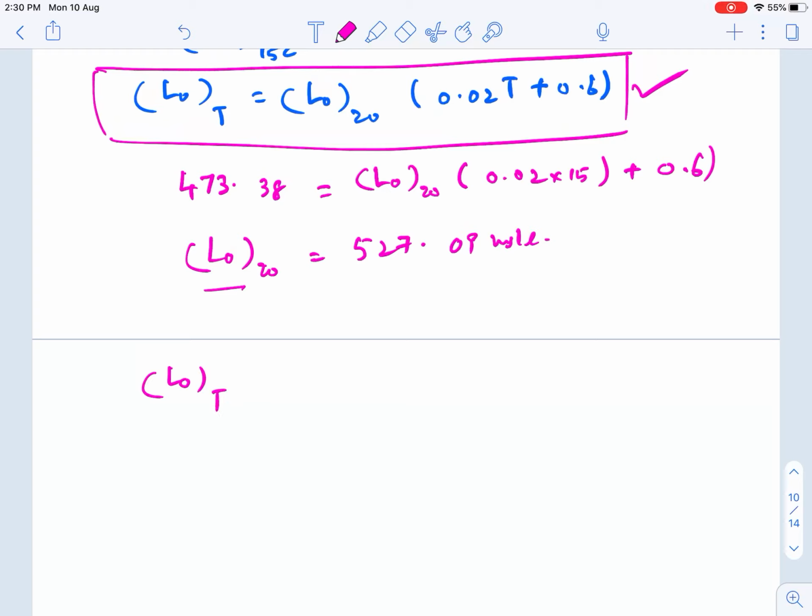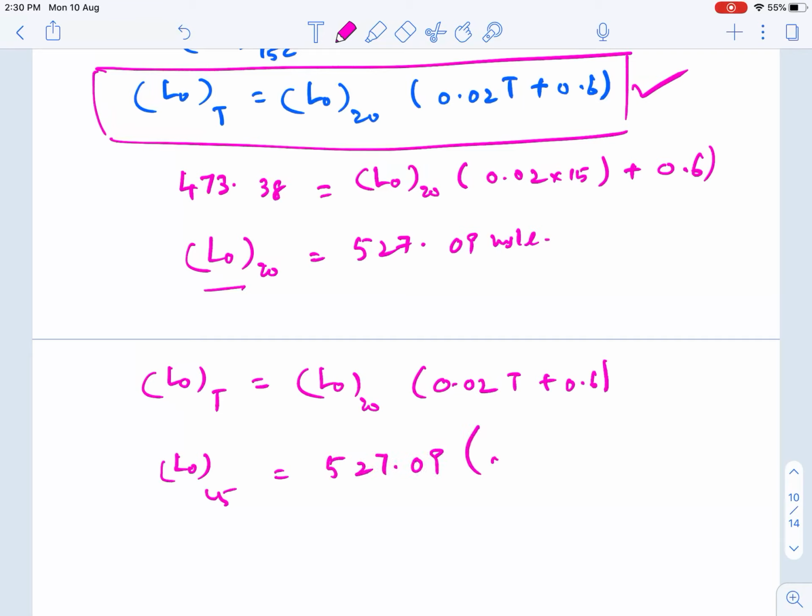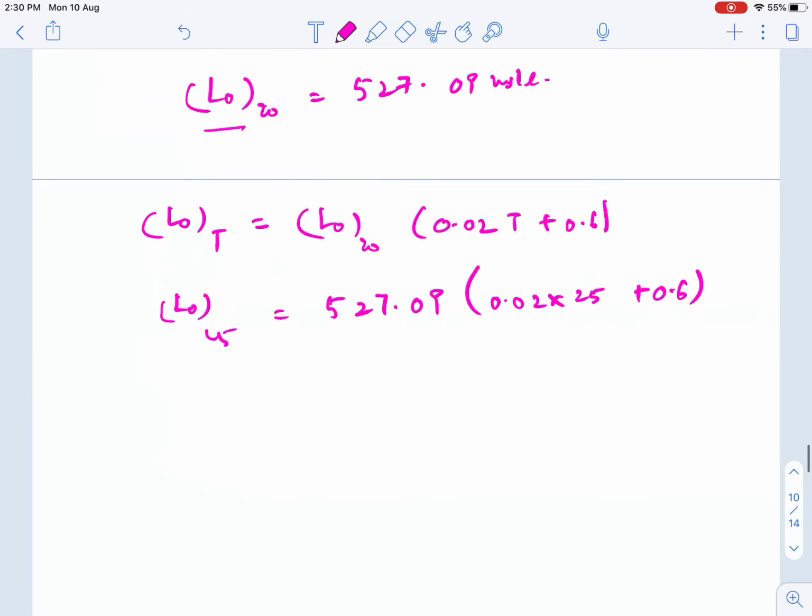By using the same formula, you can calculate the ultimate BOD at 25. So L naught at any temperature T is equal to L naught at 20 into 0.02 into T plus 0.6. So L naught at 25 is equal to L naught at 20, which is 527.09, into 0.02 into what is the temperature here? 25 plus 0.6.